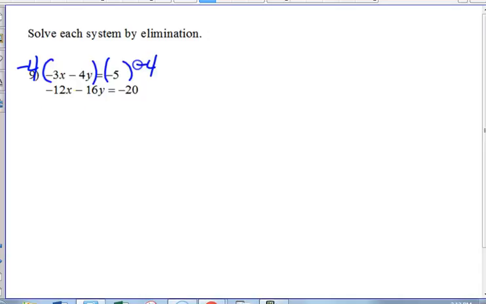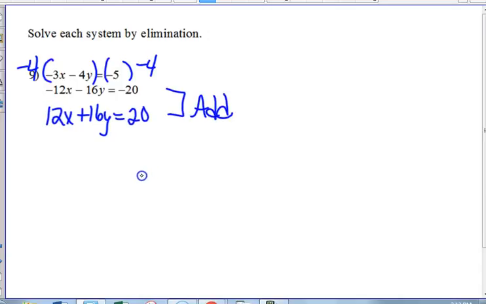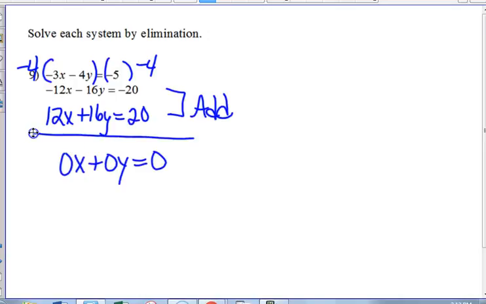Be careful. What's going to happen? When I add these, what does that mean? I get 0x plus 0y equals 0. How often is that true?